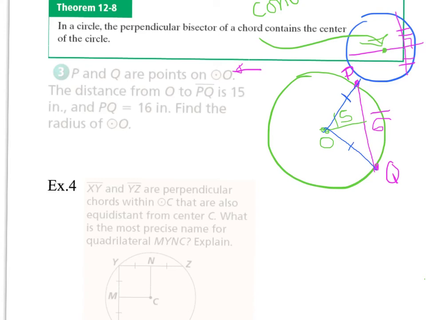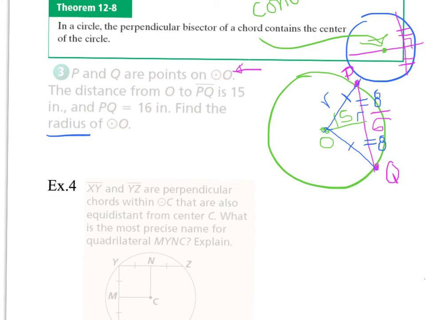So from that we can get our 90-degree angle, and we can also generalize that these two are the same length. So if the whole thing is 16, then both of these are 8. So now I have a little right triangle, and I can figure out what the radius is by doing Pythagorean theorem. So I have 15 squared plus 8 squared equals my radius squared.